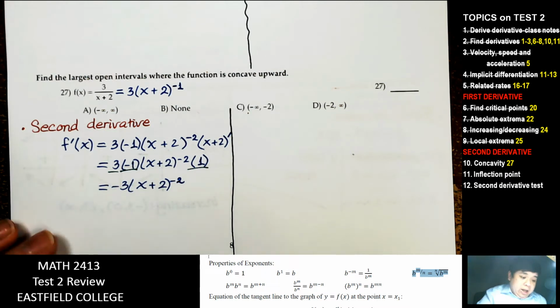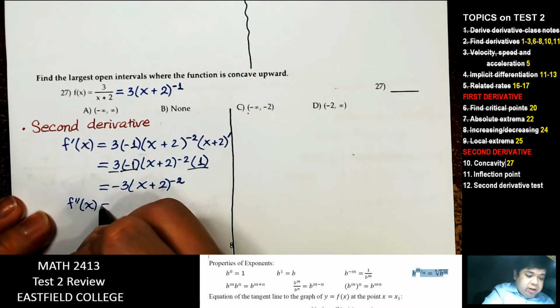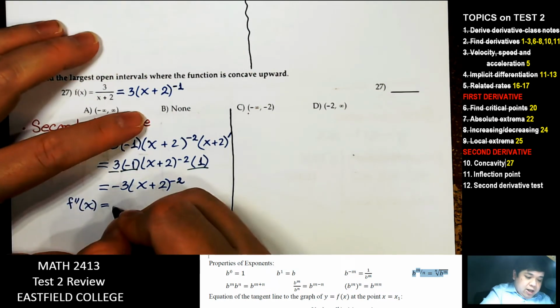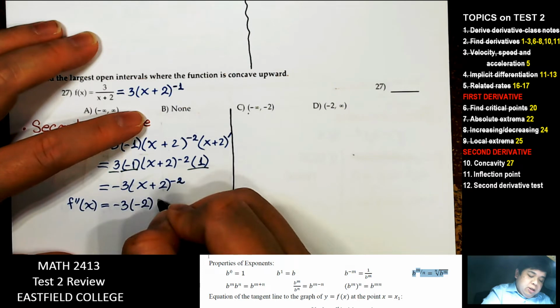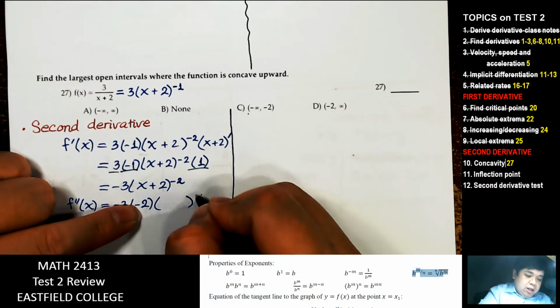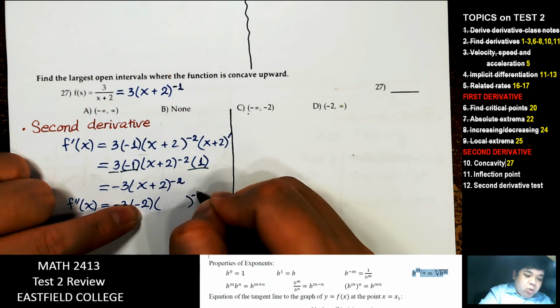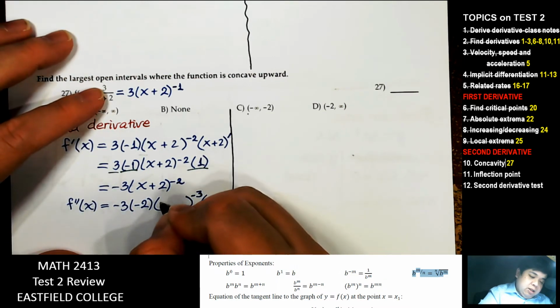Right, and then the derivative again gives us the second derivative. Negative 3, take down the negative 2, and then the parentheses to the negative 2 minus 1, that's negative 3, and then the derivative of the parentheses.